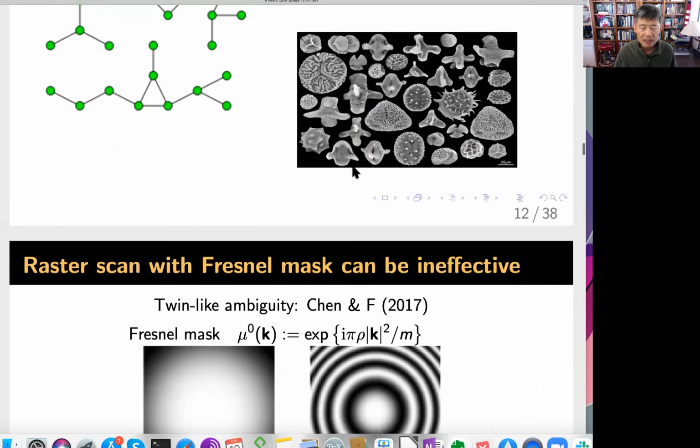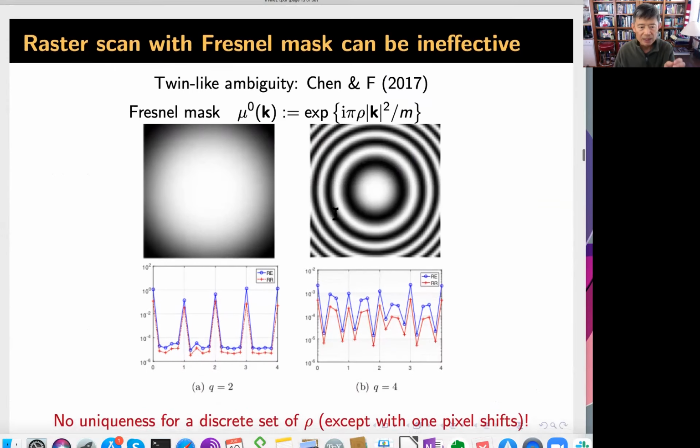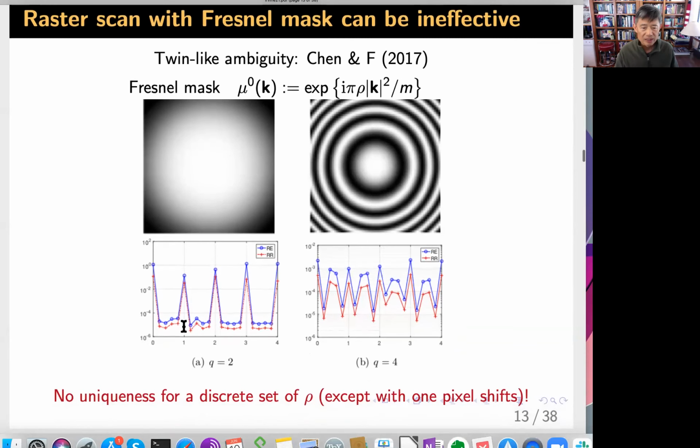Here, if you don't do that refined movement, here I'm doing 50% overlap actually, you can prove, we come up with a counterexample. We construct a counterexample that shows that the uniqueness cannot be achieved. And moreover, that actually manifested in numerical simulation.